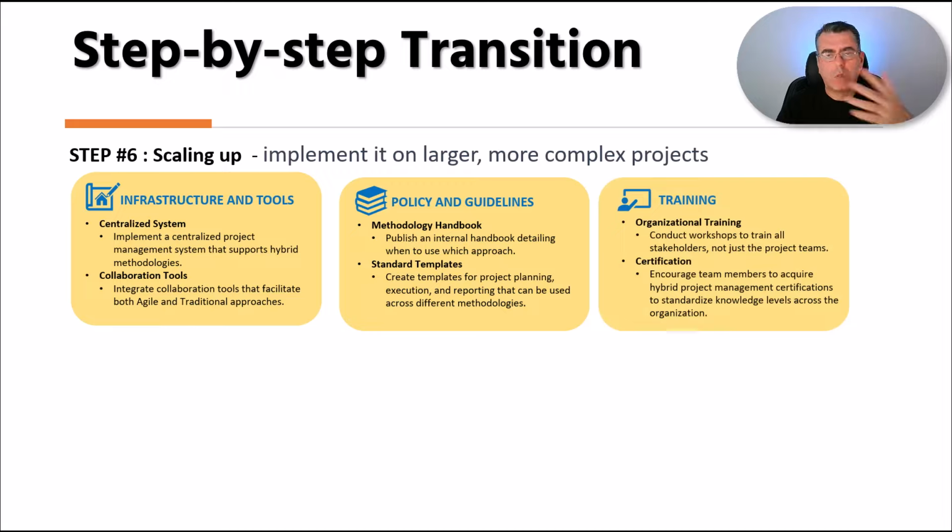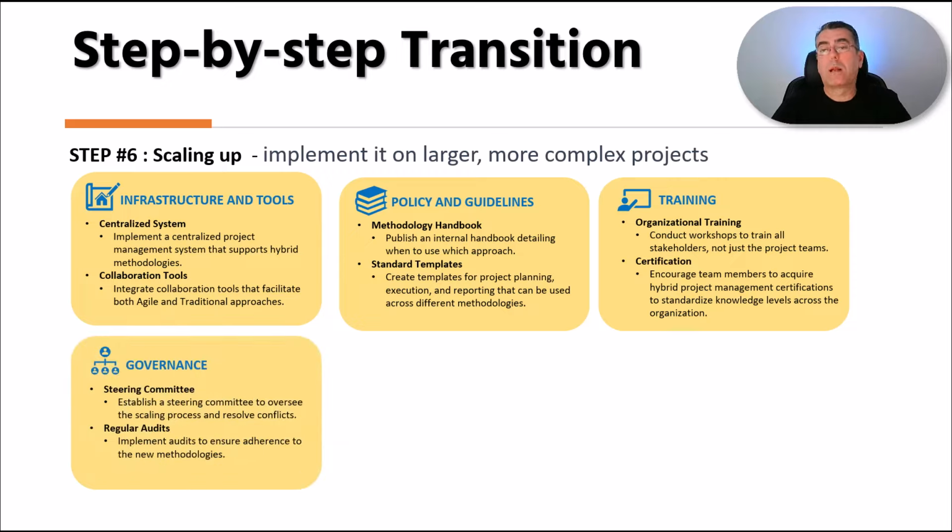Training: you need to involve organizational training, conduct workshops, and train all stakeholders, not just the project teams. Certifications: you need to really motivate people to get hybrid project management certifications. You need to establish governance, so we need a steering committee to support you on this initiative.